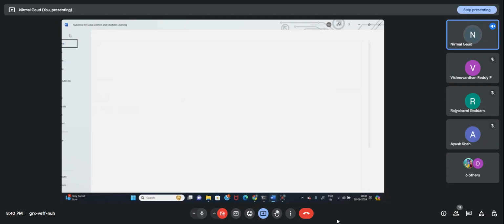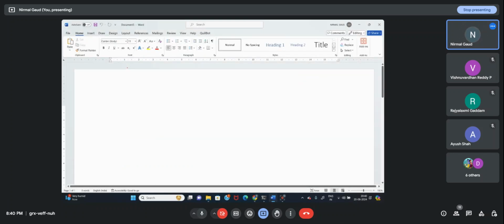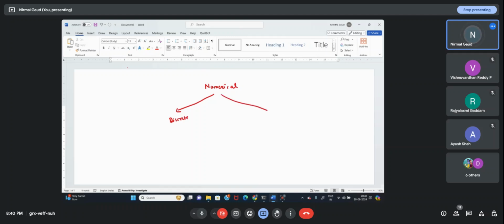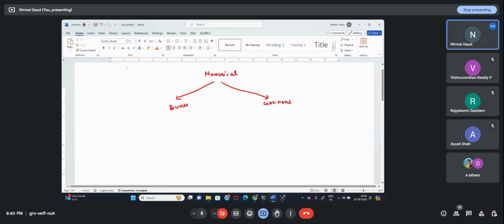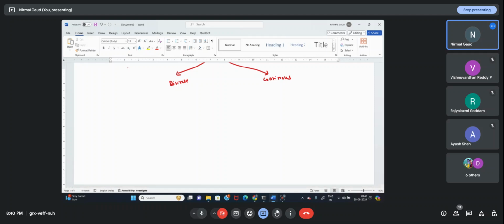So here it is. I told you that you have numerical data. Numerical data can be divided into discrete and continuous. For a discrete distribution, you have 0, 1, or 1, 2, 3, 4, 5, 6, such countable outcomes.